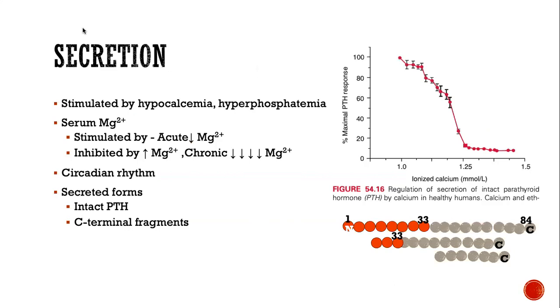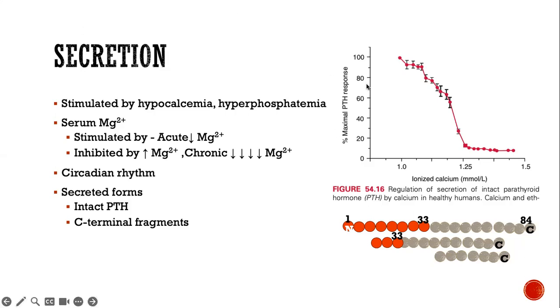The secretion of parathyroid hormone is stimulated by hypocalcemia and hyperphosphatemia mainly, and serum magnesium has effects at extremely high and low values. Acute low magnesium levels stimulate PTH secretion, and high magnesium levels and chronically low magnesium levels inhibit PTH secretion. It is secreted in a circadian rhythm, and the main forms secreted from the parathyroid gland are intact PTH consisting of 84 amino acid residues and C-terminal fragments.